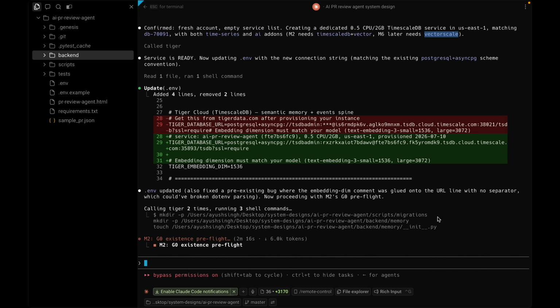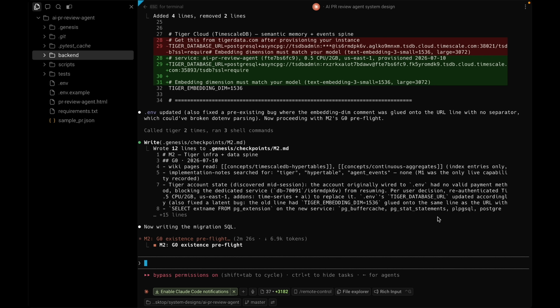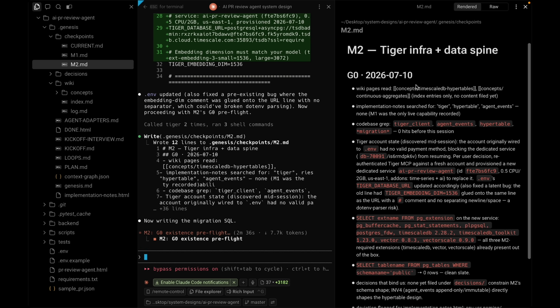Still at G0. Okay, so it says go to the checkpoint, M2, the G0.